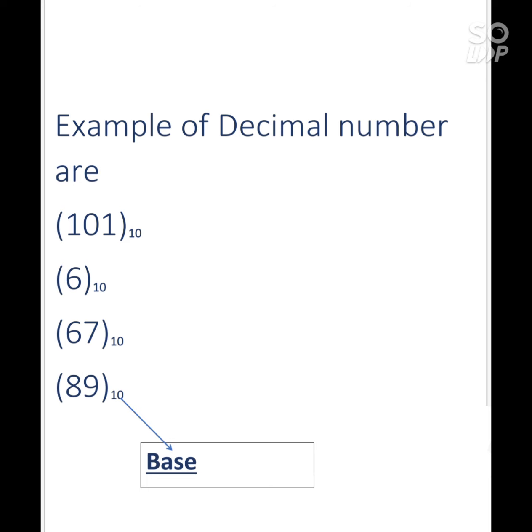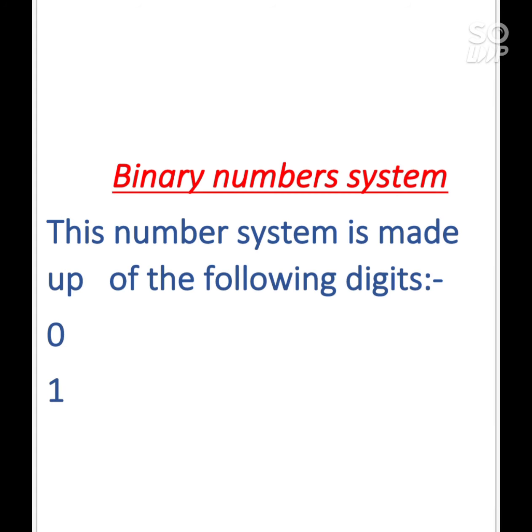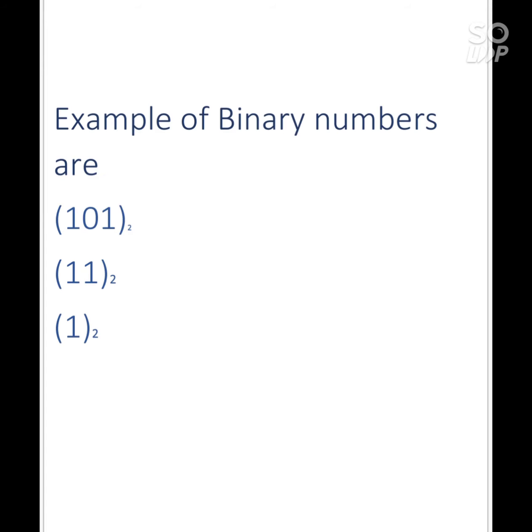Now what is a binary number? The binary number system is made up of 2 digits, 0 and 1. Because only 2 digits are used in the binary number system, its base is 2. 101 is an example of a binary number, 11 is an example, and 1 is an example.